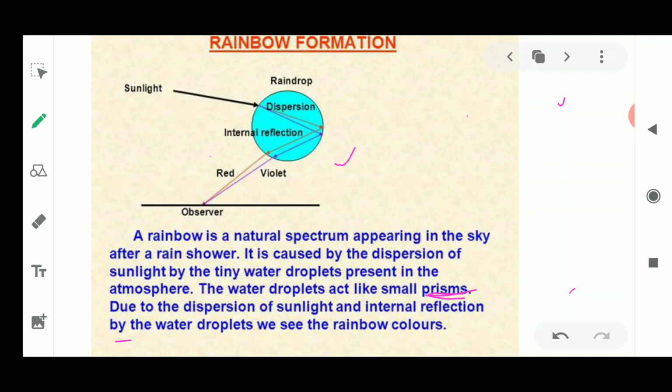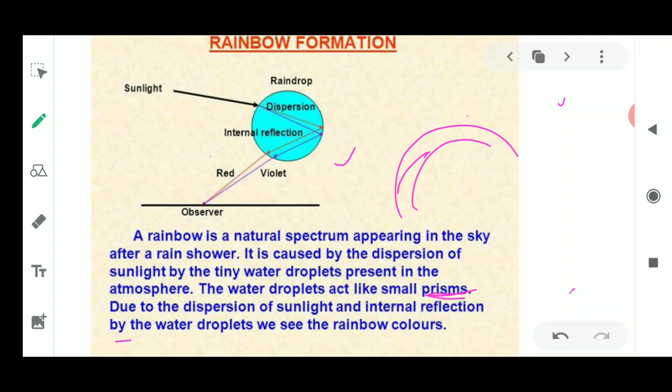From each and every water droplet, such reflection, refraction and dispersion is happening, because of which the colorful arc is formed in the form of VIBGYOR, where violet color is refracted and the red color is refracted at the last.